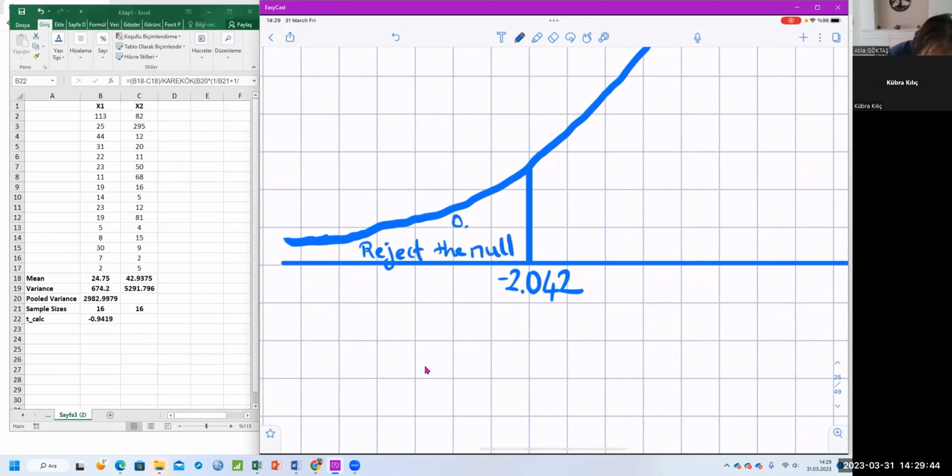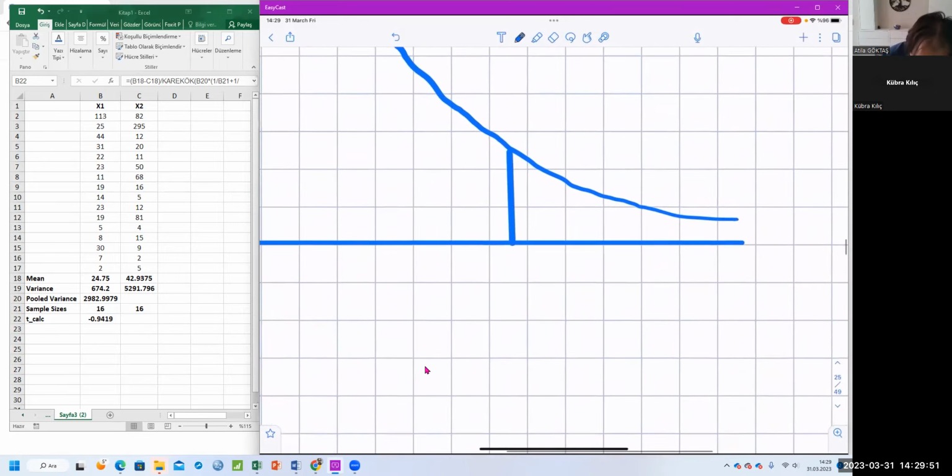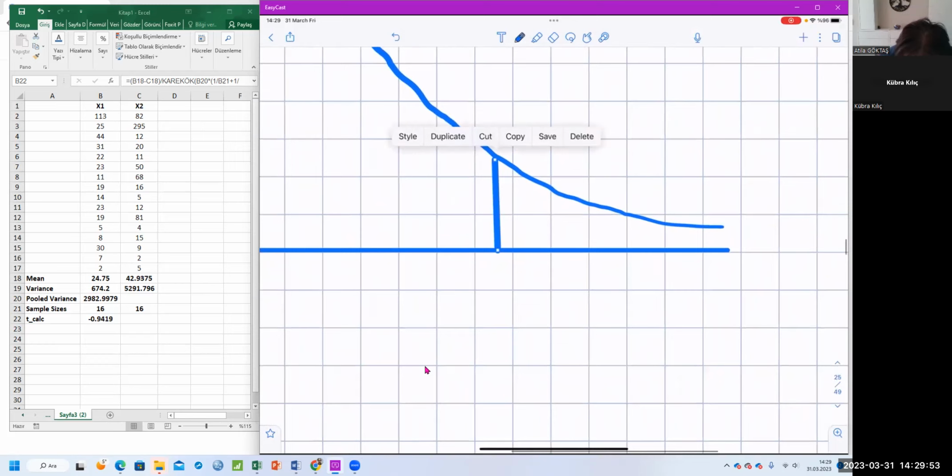This is 0.025 because the alpha level is 0.05. And I'm having another one here, 2.042, reject the null.